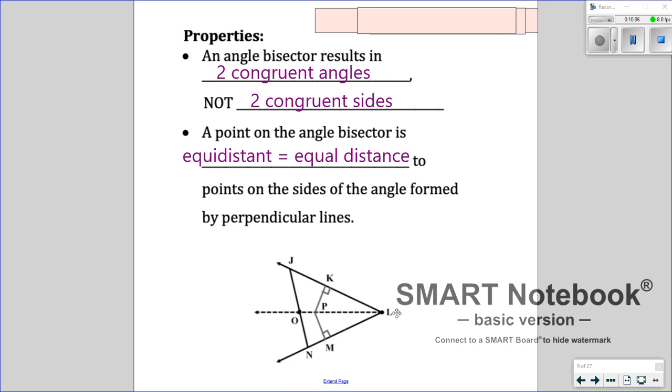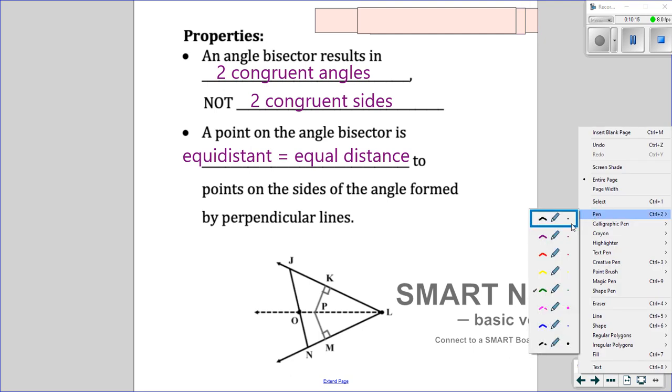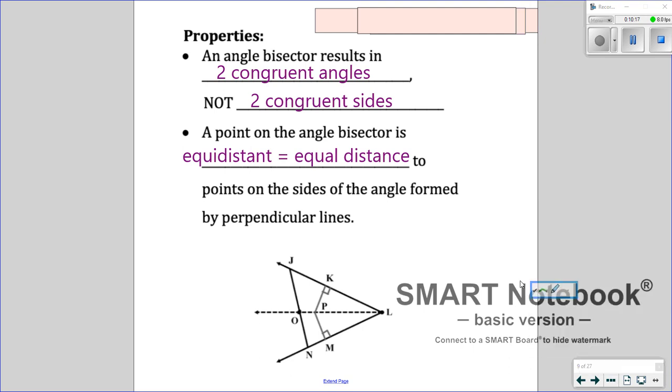So you have this angle bisector, which is OL, I should say LO, and I'm going to mark it up with green. So this is the angle bisector, and this angle is congruent to this angle. And if you create, where K and M are, a line perpendicular to the ray, you have that little marker that tells you perpendicular.